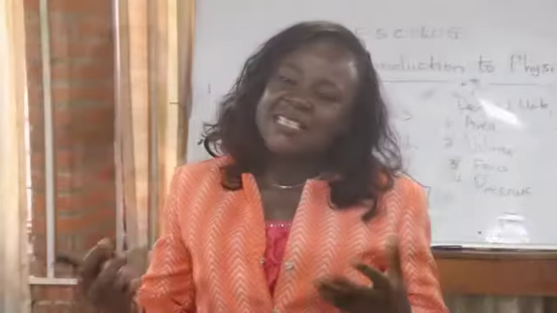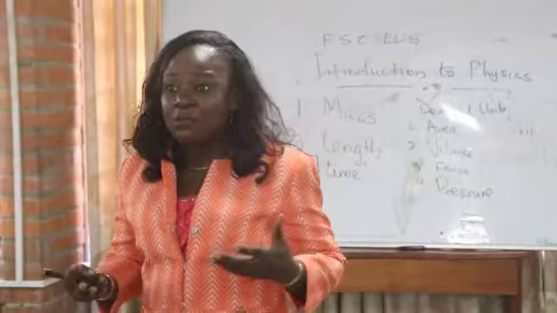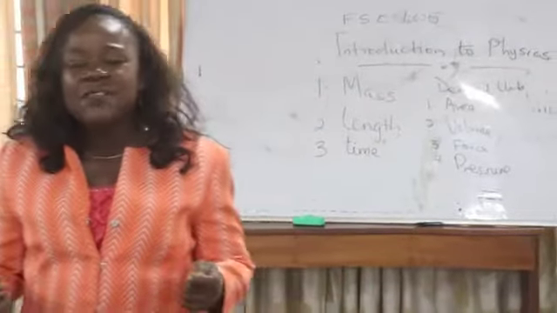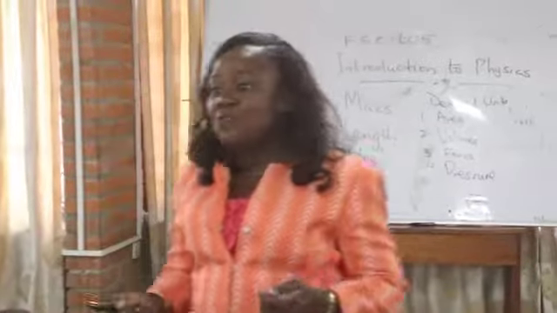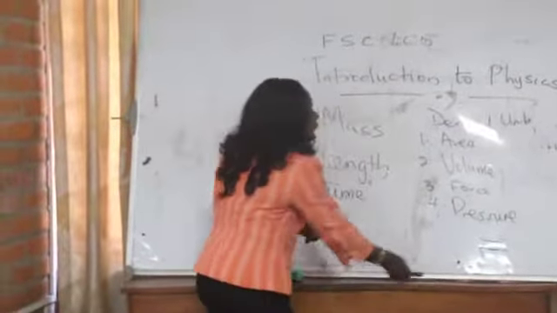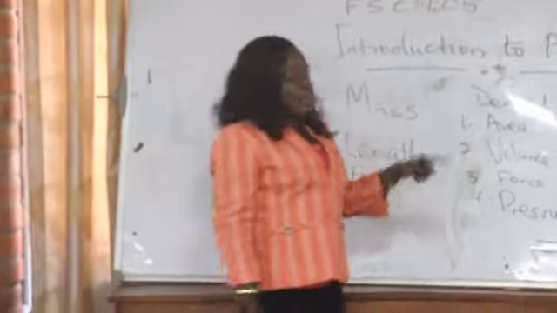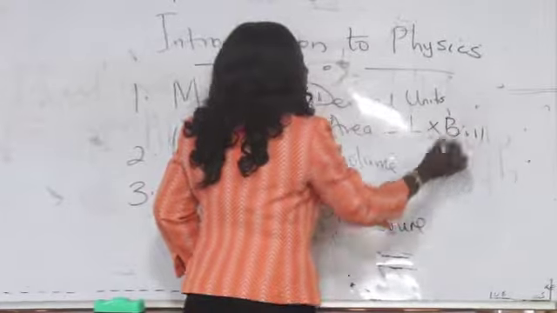Let me cite examples of how derived units are formed. For instance, we have the basic or fundamental unit of length. When we have two combinations, for instance, we have to calculate the area of a place. The area is length times breadth.